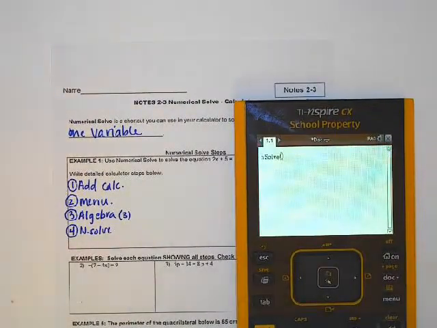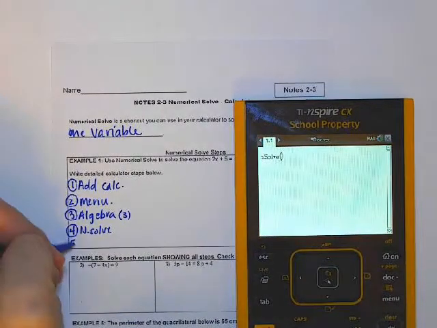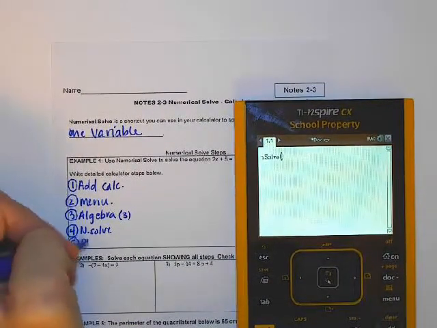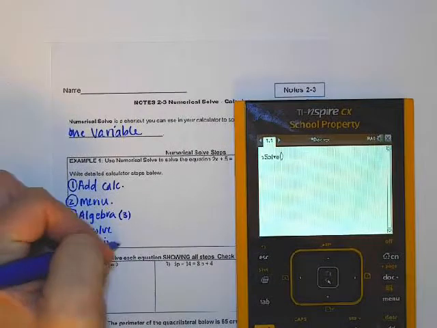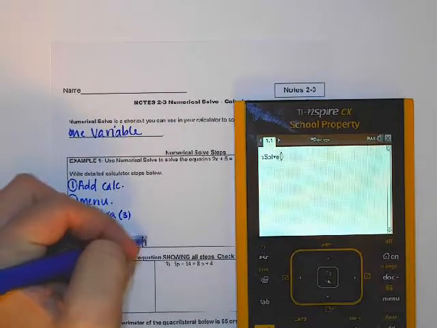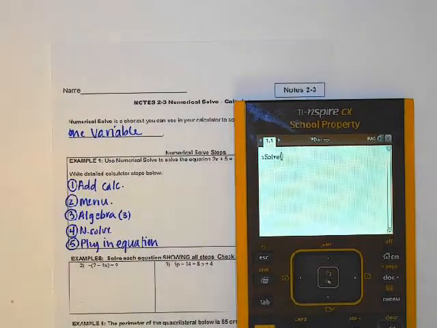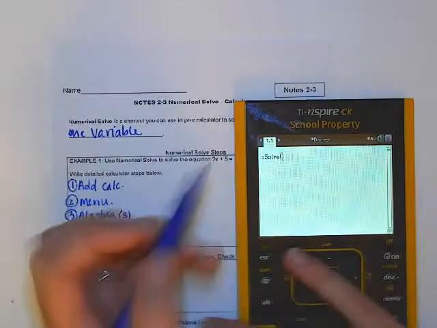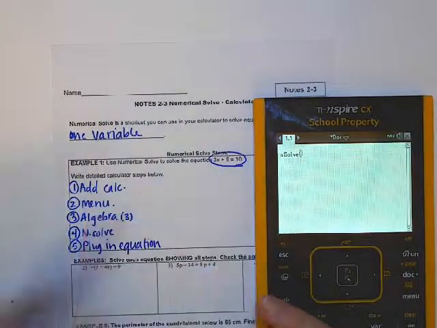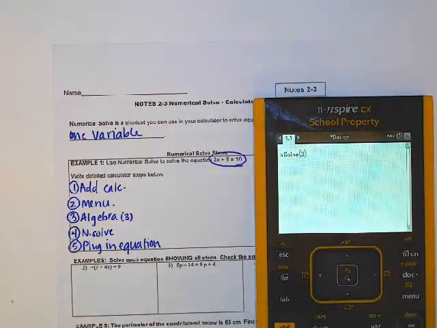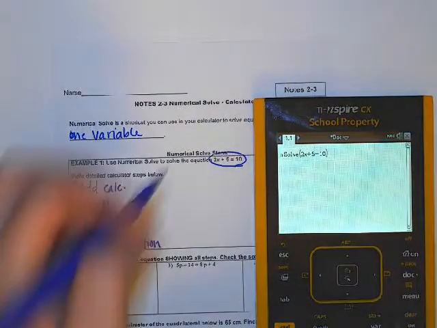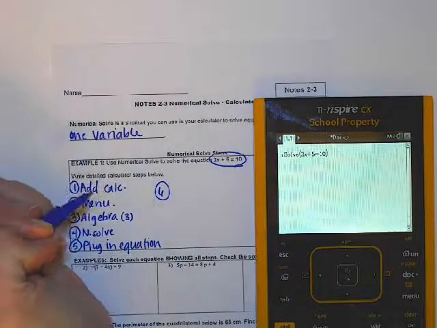Okay, now that you've got nSolve, step 5, plug in equation. And my equation is here: 2x plus 5 equals 10. What's the most important step that everybody forgets? The comma.